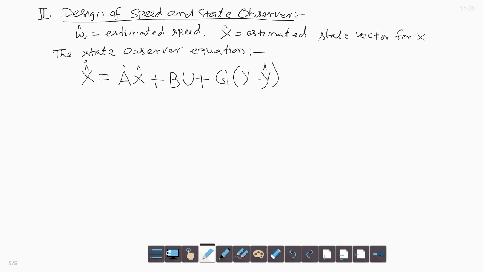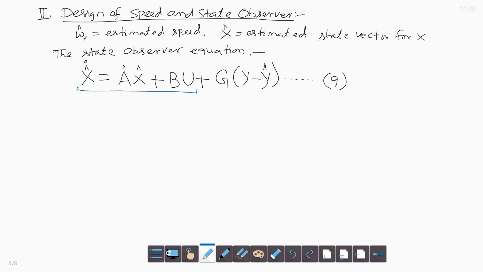Let us number this as equation number 9. As you can see, the estimated state x hat also has to satisfy the same state equation as the state x. So we have this part of the equation, x hat dot equal to A hat x hat plus b u. It has to satisfy the same state equation as for x.